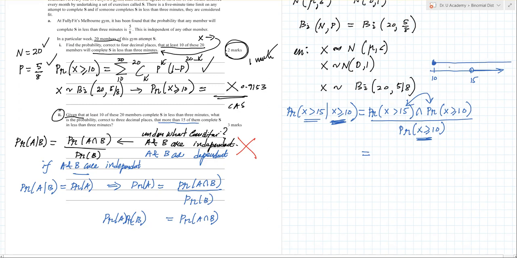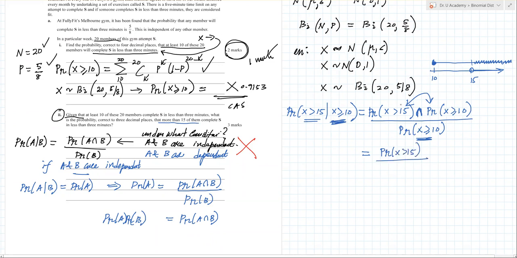So what is common to this one and that one? For this line and that line, what is common? Common would be from here, this, right? This is common. So intersection means common, I told you. That's why you write probability x greater than 15.